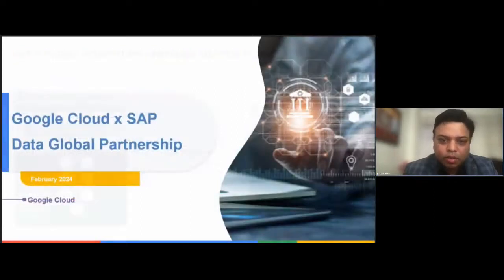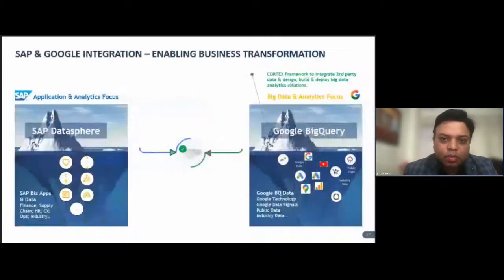Okay, moving to the next big differentiation of Google Cloud, which is data partnership. SAP has announced an exclusive data partnership with Google Cloud, wherein all the SAP data sourced from SAP applications like ERP or HR or CRM will be hosted in SAP DataSphere, and all the non-SAP data will be exclusively hosted on Google BigQuery, which is our data lake platform.